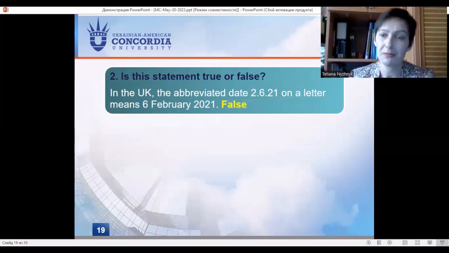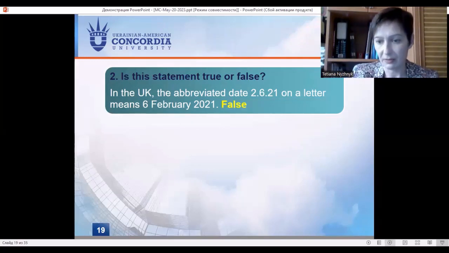False, because in the UK it's not February, it's June, which is the 6th month of the year, and the day is the 2nd of June, 2021, because the order in which the day, month, and the year appear differs.